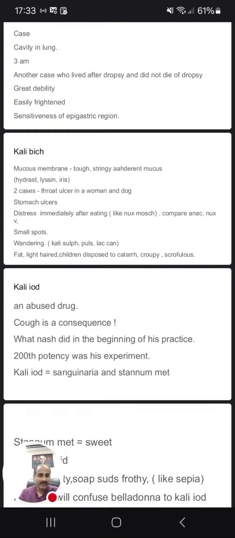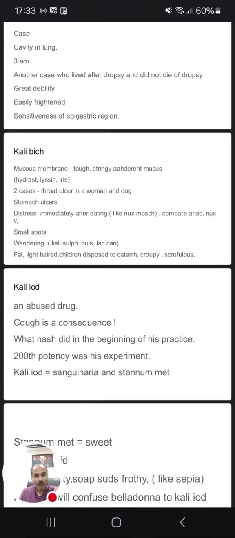And then he shares something which is the most valuable thing I've come across from his entire book: some pieces of information on how Dr. Nash started his practice, how he employed Kali iodatum in the beginning of his practice, and how he experimented with the 200 potency.